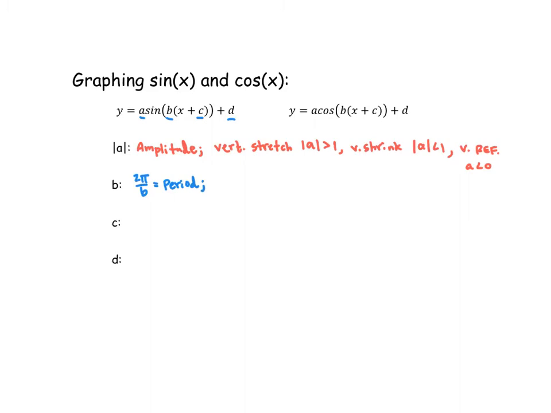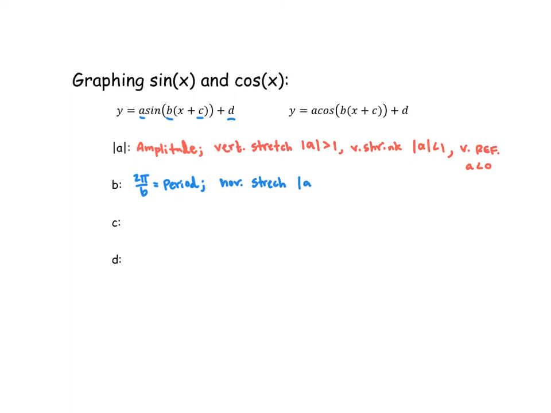So it might stretch out the cycle further, or it might shrink the cycle and make it oscillate quicker. But with B, we get a horizontal stretch.